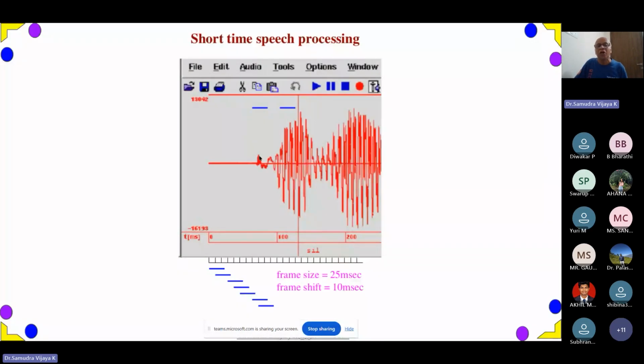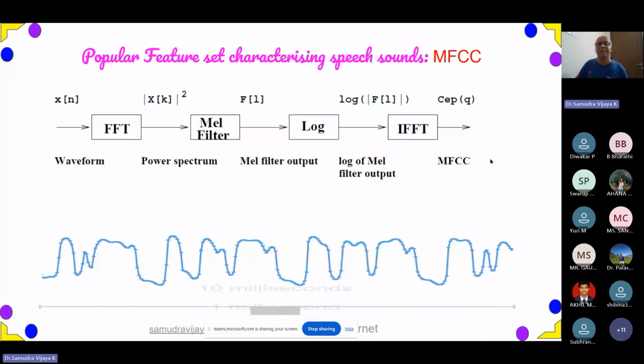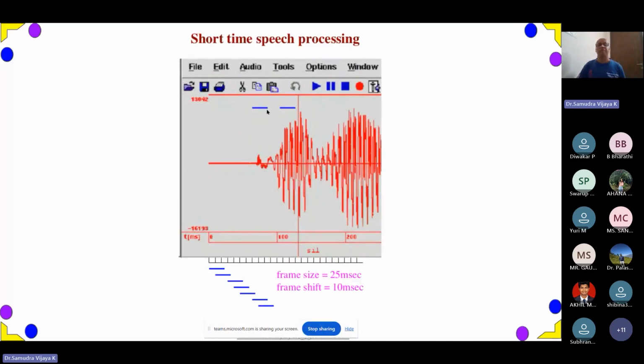What we do is take a small segment of the speech, which is typically 25 millisecond duration, and compute its spectrum, extract its features in terms of so-called Mel frequency coefficients. That's one of the popular features. And we do this not only for the first 25 milliseconds, but the next 25 milliseconds, and so on.